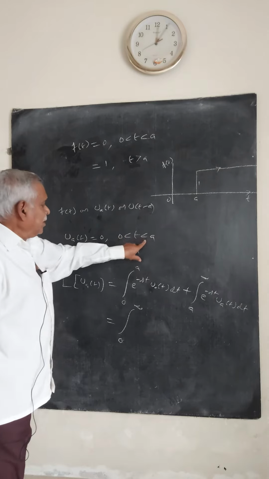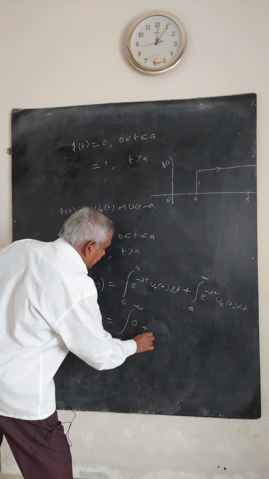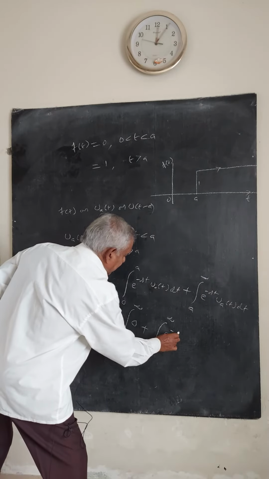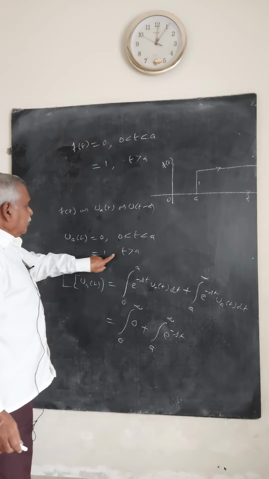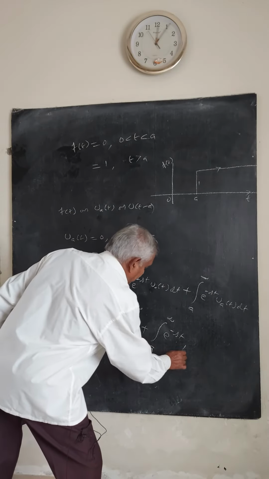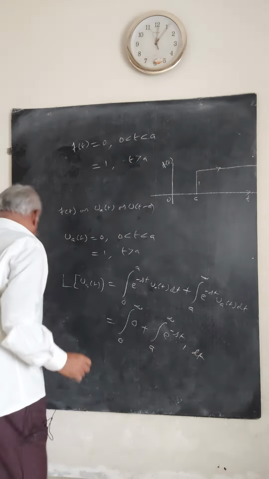From 0 to a, the integrand is completely 0. From a to infinity, e^(-st) u_a(t) is 1 when t is greater than a, therefore 1 dt.